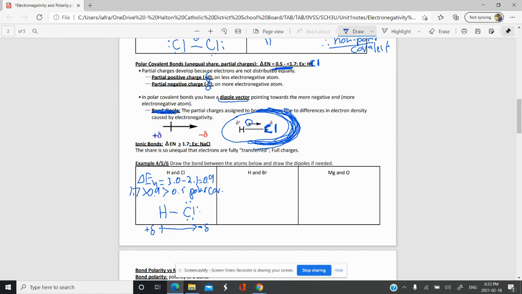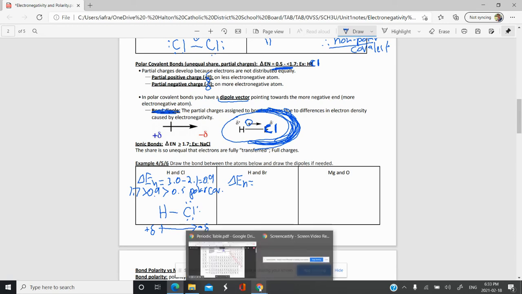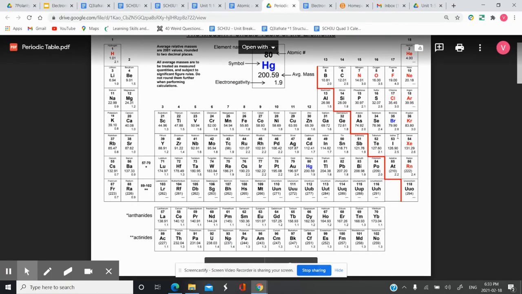Let's try the same thing, but this time for HBr. So for HBr, same idea. We're going to do our delta electronegativity. So Br, if we look at our periodic table, is 2.8.